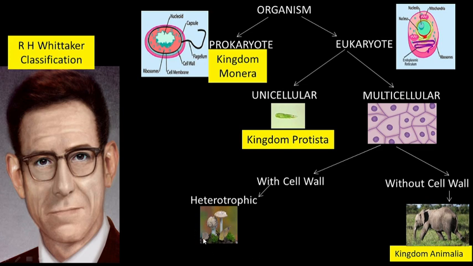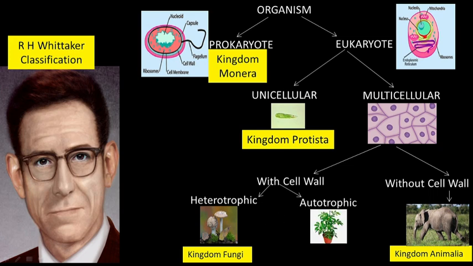For example, fungus is heterotrophic and therefore the kingdom is Fungi. And those organisms which are capable of synthesizing food on their own are known as autotrophic organisms, like green plants. So this is the Kingdom Plantae, where we have all the green plants clubbed together.